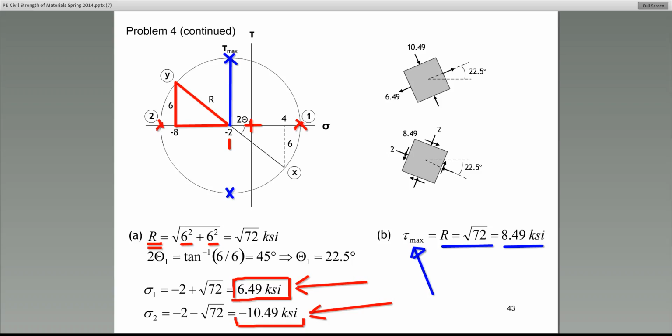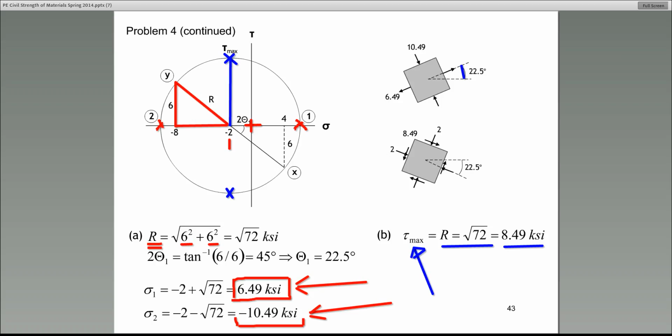By definition, the angle on the circle is twice as much as the actual angle on the stress cube or stress square. I will repeat that.